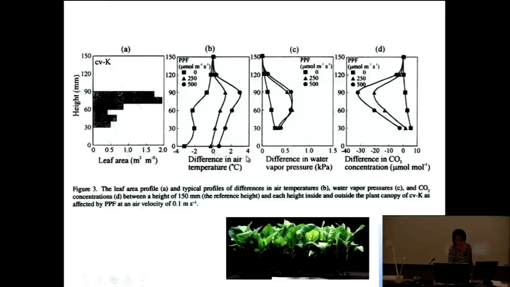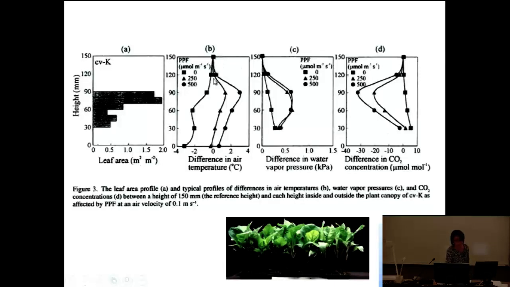And then this is the temperature, showing the temperature difference between the measurement point and the air temperature. The air temperature is measured at a height of 150 millimeters, so 15 centimeters. This is a vertical profile under one condition, in terms of temperature difference. Here it is basically about minus 3.5, which means 3.5 degrees C lower than the reference point, which is the top of the plant, right?